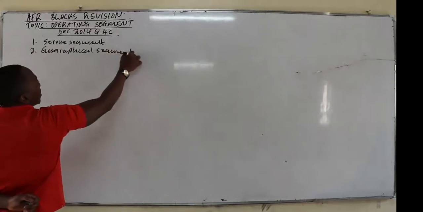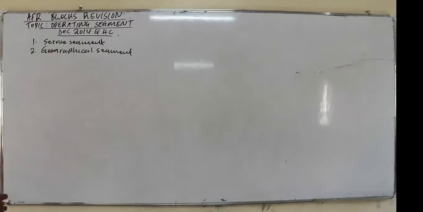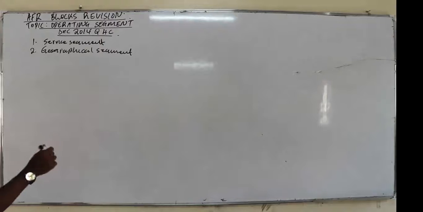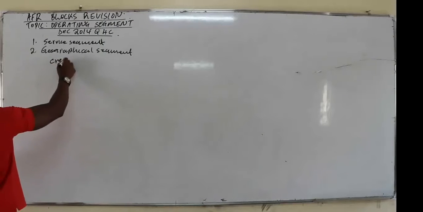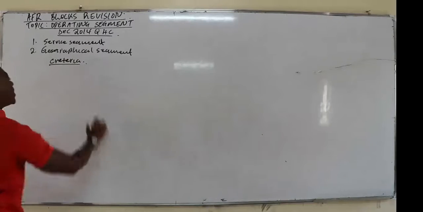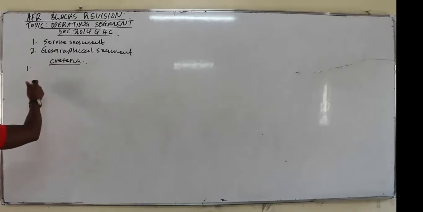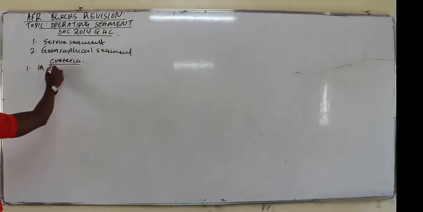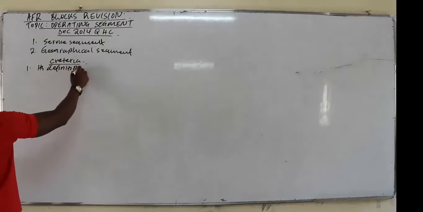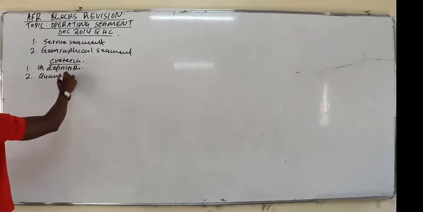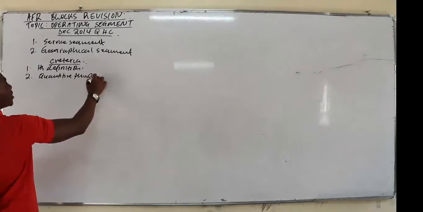Then we also said, how can you identify a reporting segment? The criteria for identifying an operating segment, number one, is that you can identify an operating segment through its definition as per IFRS 8. Number two, it has exceeded its quantitative threshold.